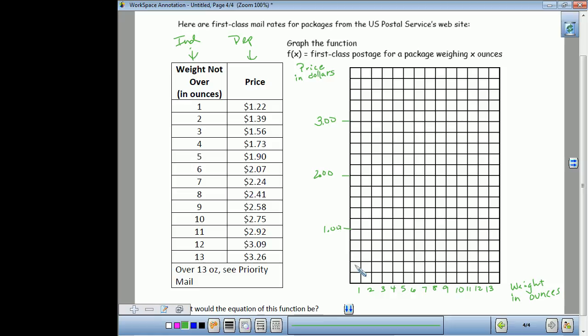Just do a line and an open circle, and then go to that point. It starts with an open circle. I know it starts with an open circle.